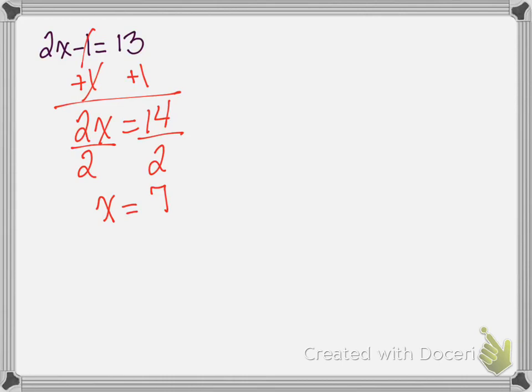Now, it's a very, very good habit to get into checking. The way that I check is to plug my 7 in for my x. So I'm going to have 2 times 7 minus 1, and I'm going to find out if that equals 13. Maybe you have to check on the problems.